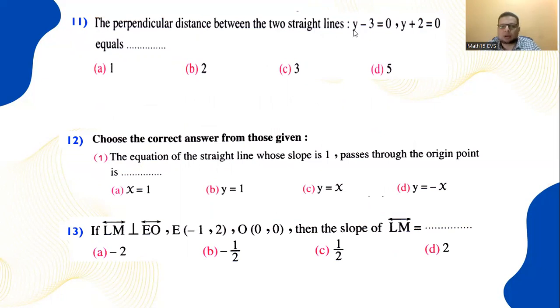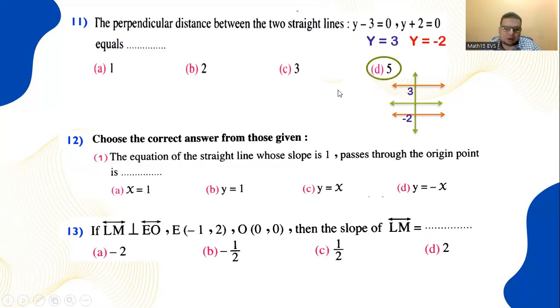There is no x here, only y, so these are constant equations: y equals 3 and y equals -2. If you draw the line y equals 3, it passes through 3 on the y-axis, and the other passes through -2 on the y-axis. Here you have 3 units and here 2 units, so the distance between them is 3 plus 2, which is 5 units.